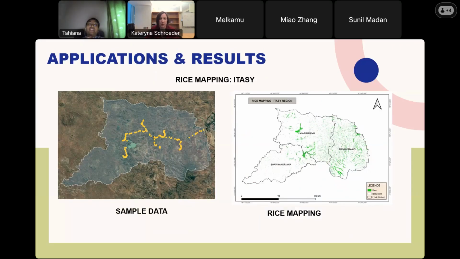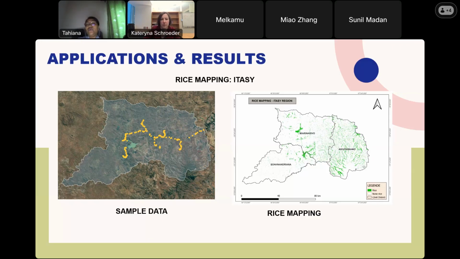Rice mapping. There are numerous tools inside the CropWatch platform, but we chose rice mapping because rice in Madagascar is very important, it takes an important place in crop cultivation, and it's the main crop in Madagascar. In fact, it is a staple food for the Malagasy people.